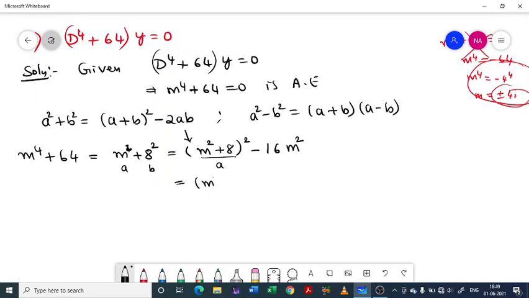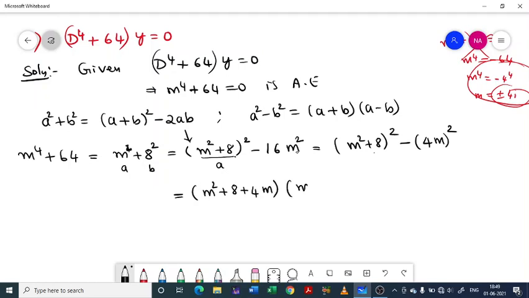See, I am making a mistake again and again. So it is m square plus 8 whole square minus 4m whole square. Now it's correct. Now if you apply that rule, a plus b, that is m square plus 8 plus 4m, into a minus b, m square plus 8 minus 4m.